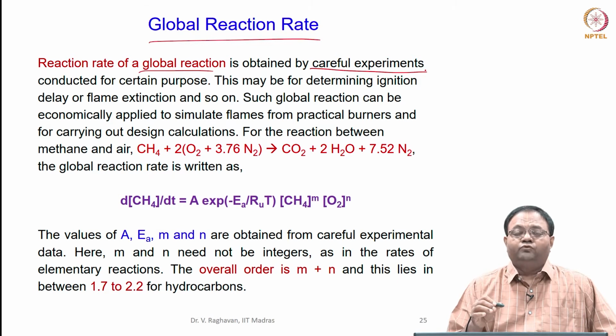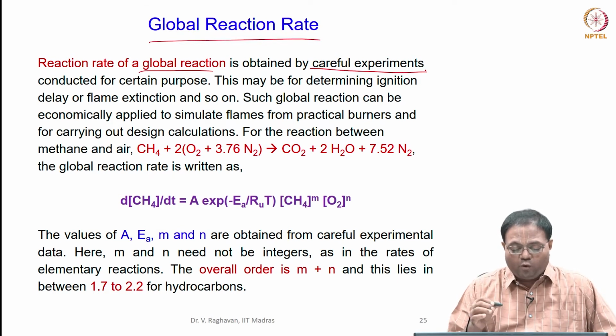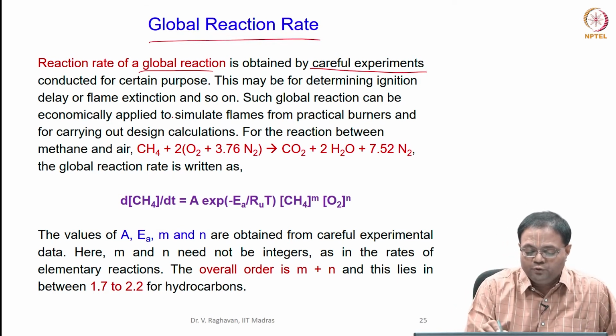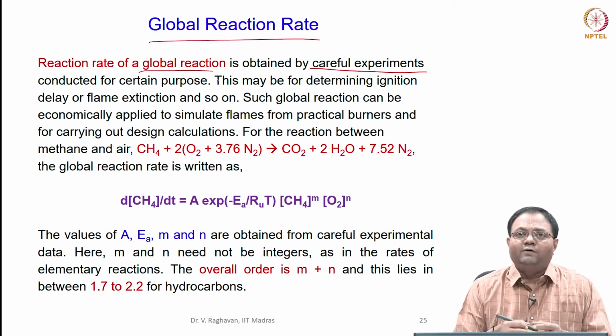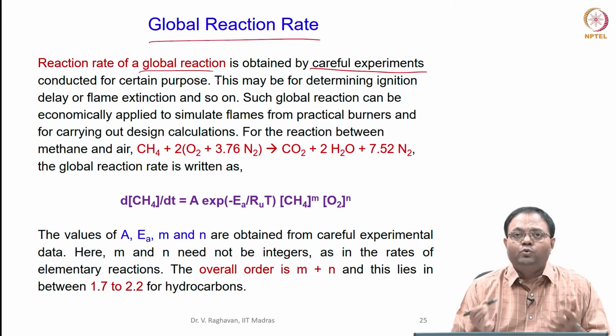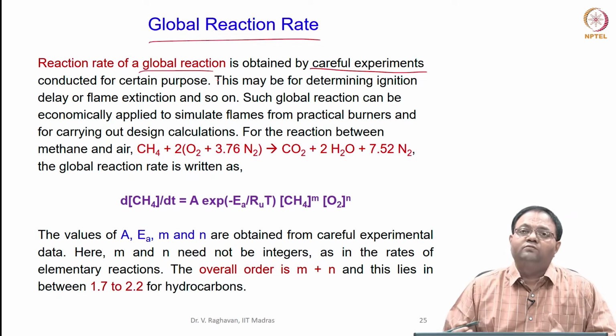Okay. So what is this global reaction rate useful for? For doing bigger problems, where the dimensions of the chambers are higher, it may be two dimensional or three dimensional simulations and so on. In that case, using a detailed mechanism will be very tough.